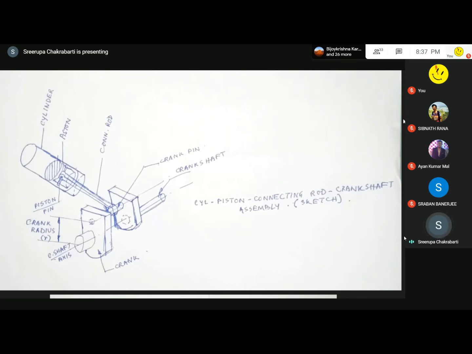So the piston will now start moving upward. This movement of the piston, when it is moving upwards towards the top dead center, for that whatever energy is required, that energy is coming from the stored energy in the crankshaft and the flywheel.